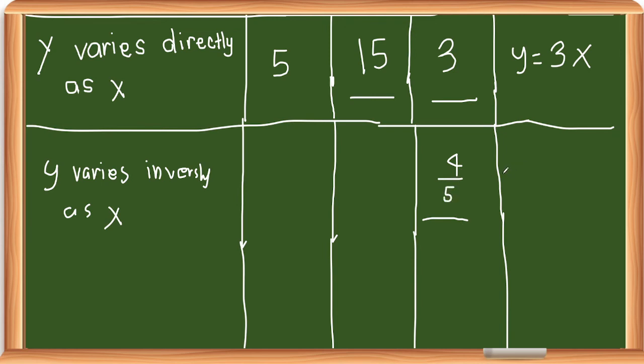Okay, so madali na lang yung equation, ano? Y is equal to k over x. So, yung k mo is 4 over 5 all over x. Or, this is actually 4 over 5x. Okay?